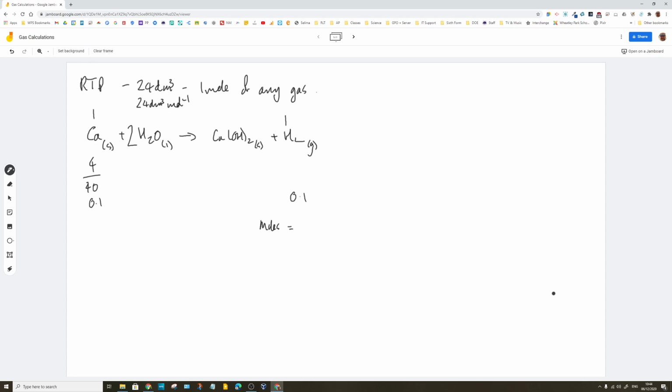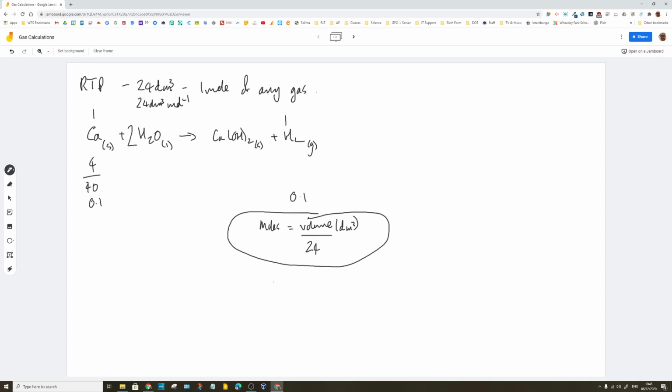Okay, so this is the volume per number of moles, so we take the volume in decimeters cubed and divide it by 24. So this is quite an important relationship because we'd use this when we're using this RTP figure.